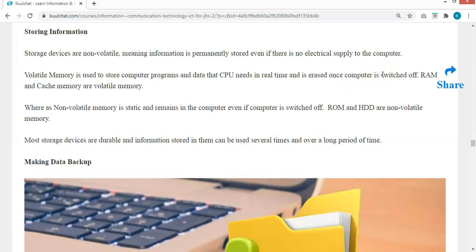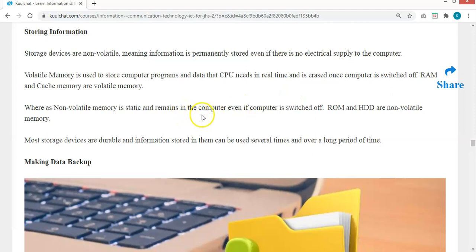So like I explained earlier on, the difference between a volatile memory and non-volatile memory. For non-volatile memory, when there is no power supply to the computer, we still have the data. But for the volatile memory, when there is no supply of electricity or power to the computer, the data is erased. Okay.